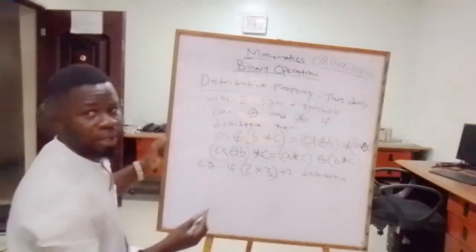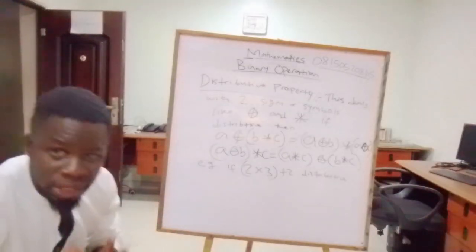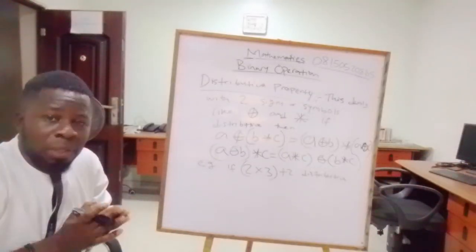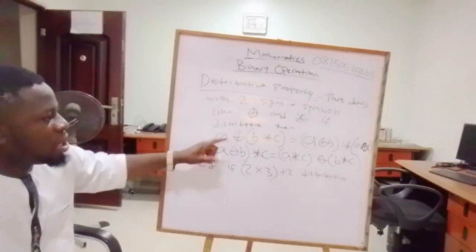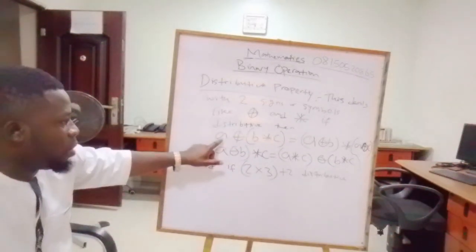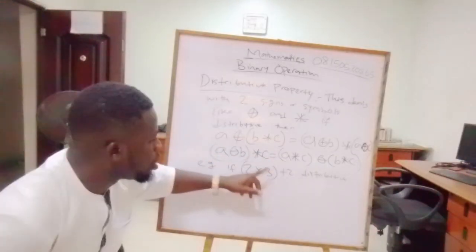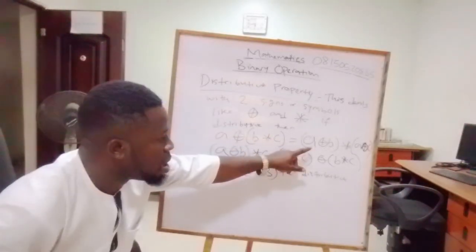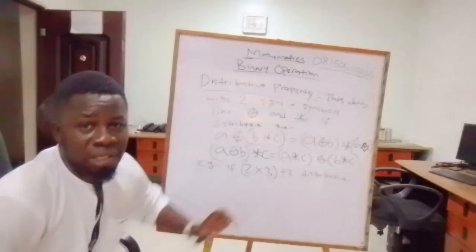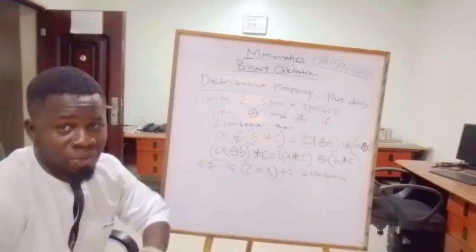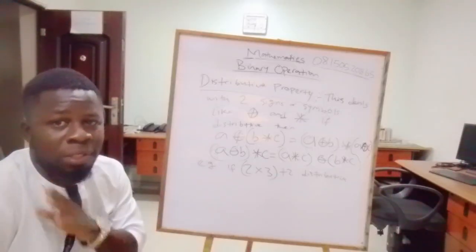So you now check. This is what distributive is saying. It must involve two sides. That's the first thing. The second thing is that when you distribute A or B, the sides will change. Like now, A operation B and asterisk C, it will be A operation this and operation A operation C, and they must give you the same answer. If they don't give you the same answer, then it is not distributive. Don't forget, if they don't give you the same answer, they are not distributive.